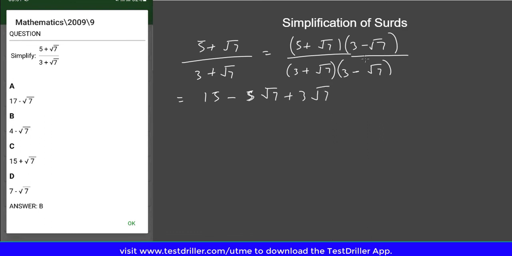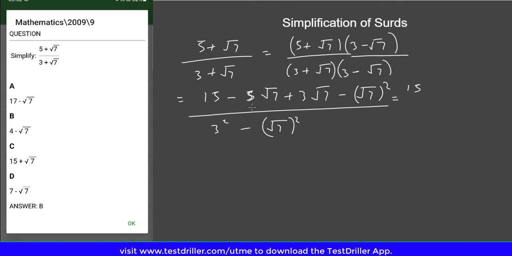Then root 7 times minus root 7 gives minus root 7 square. And then you have the denominator here. So quickly solve for this. Since they are conjugate, just take the one with the negative sign, then square both parts. If you do this, you're going to get 15.